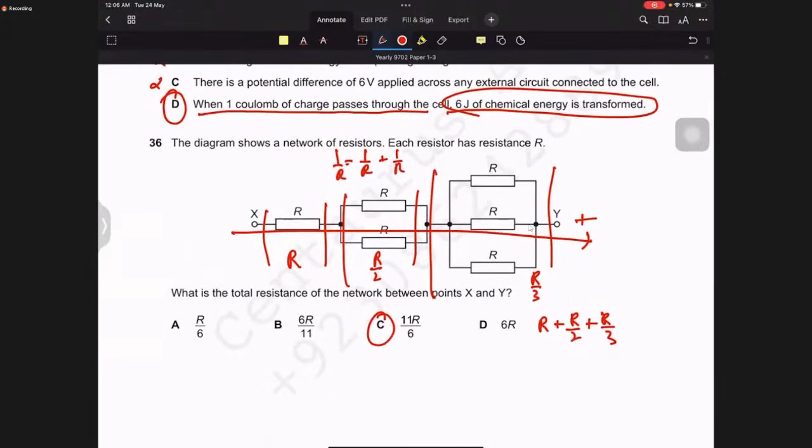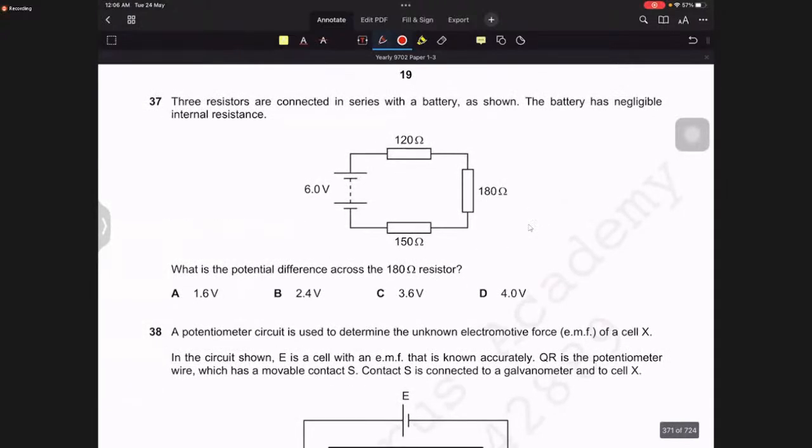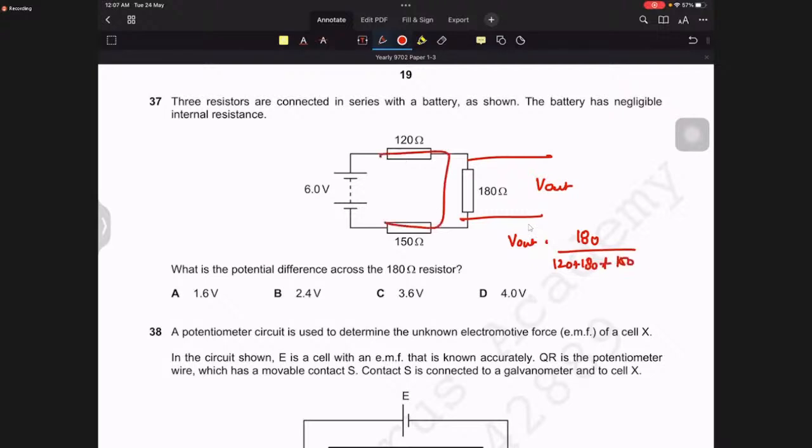Okay. Now 37. What is the potential difference across 180? Why is this even a question? I'll tell you why. It's pretty simple if you want to find V out. Always put the resistance on top, add all the resistances at the bottom together, if they're all in series by the way, and multiply by the total EMF.